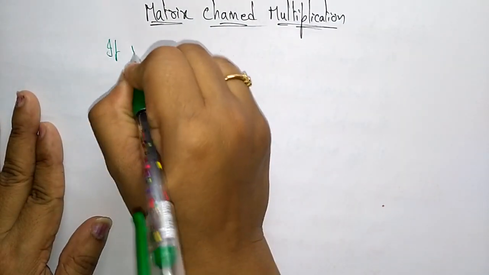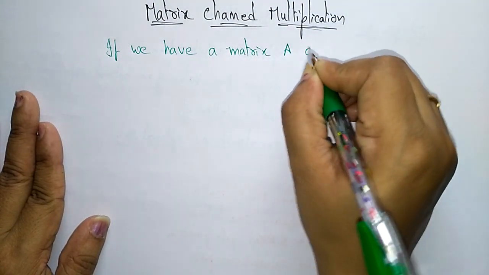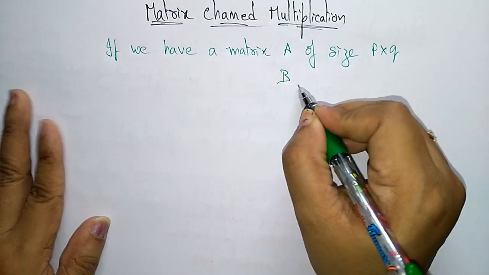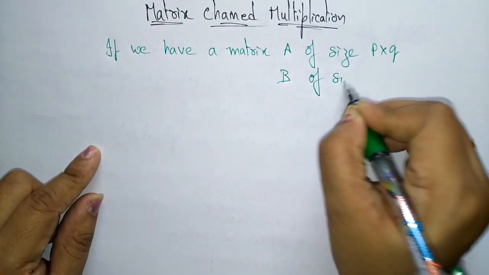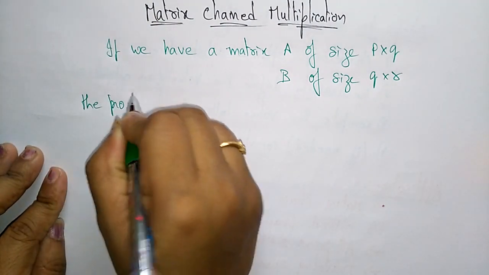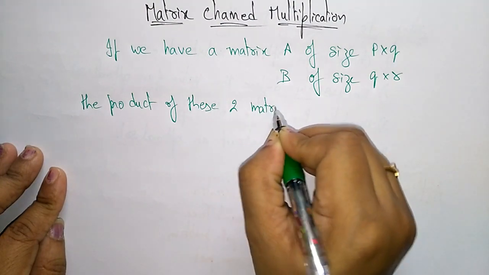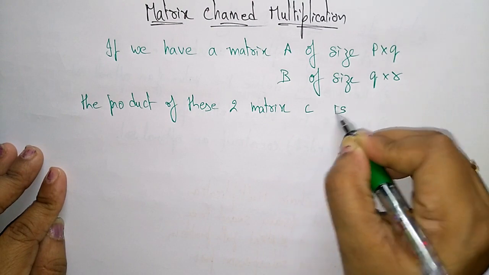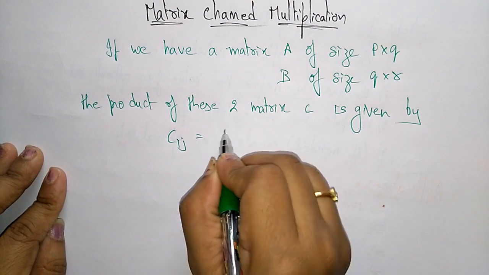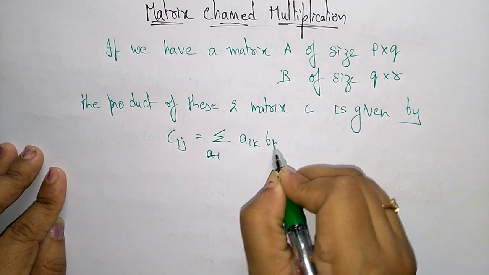Suppose you have a matrix A of size P by Q and a matrix B of size Q by R. Then the product of these two matrices, A and B, that is C, is given by Cij equal to sigma of Aik Bkj.